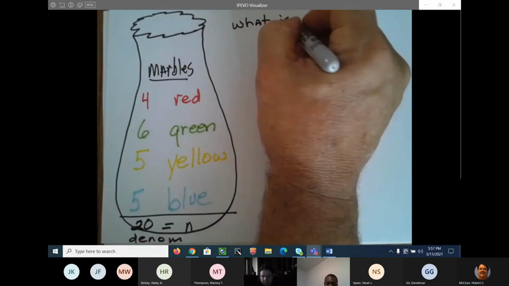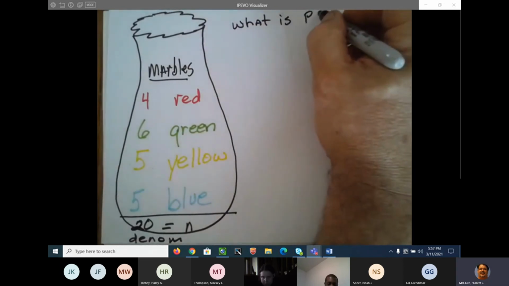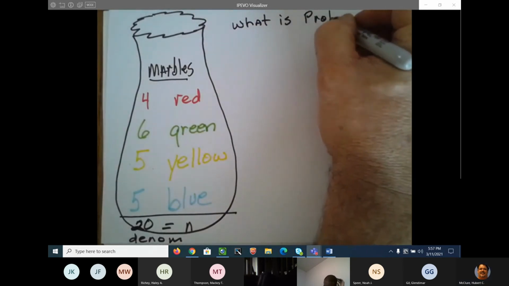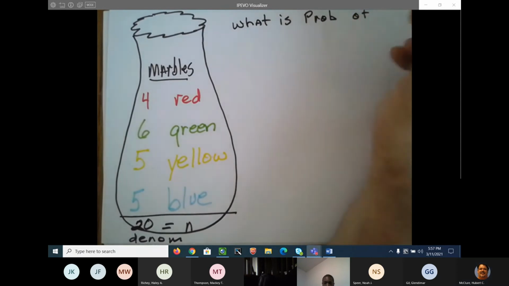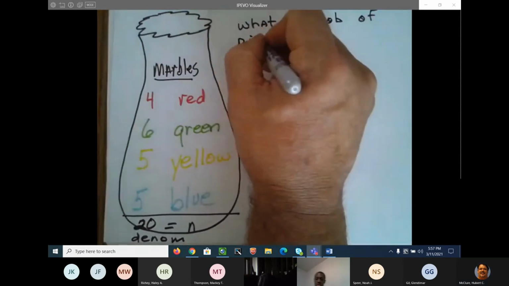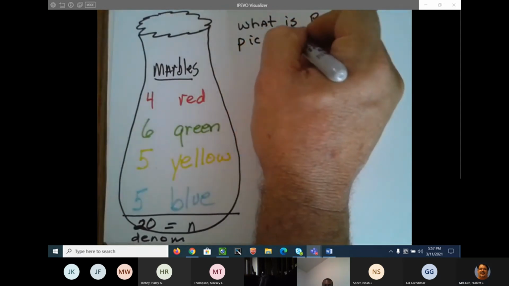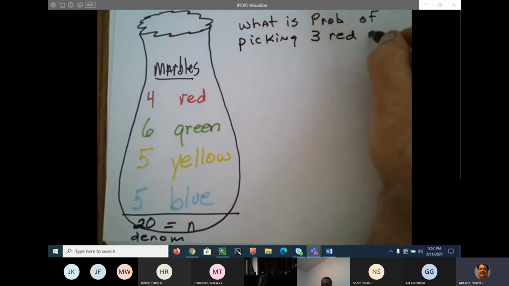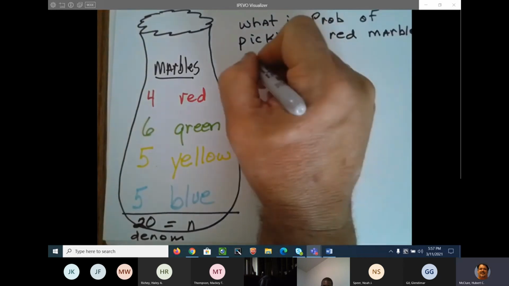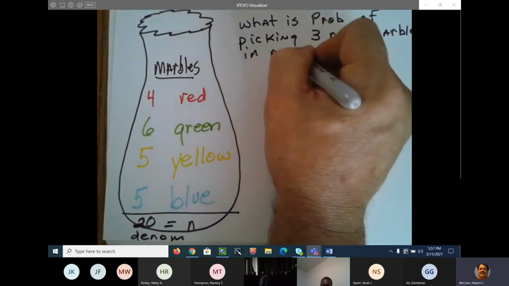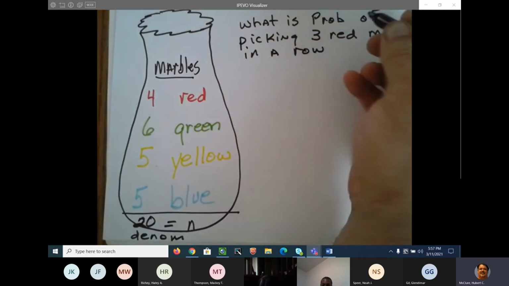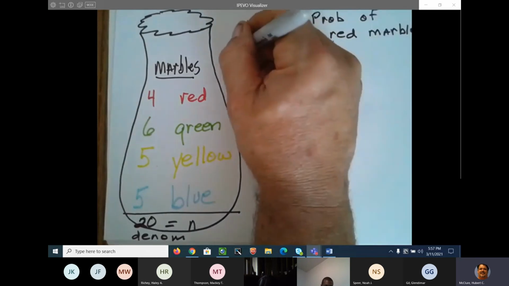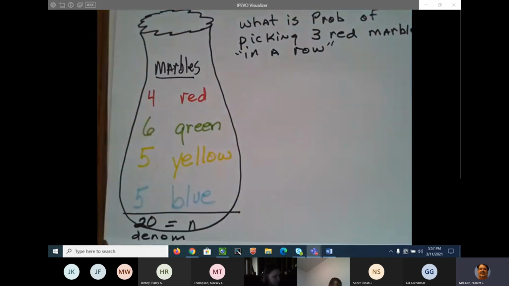Now, the directions will say, what is the probability of picking 3 red marbles or golf balls in a row? Now, I want y'all to highlight in a row, because we're going to change that to another sentence.